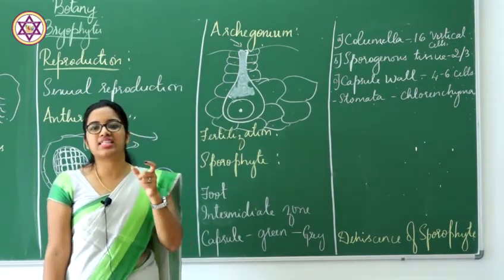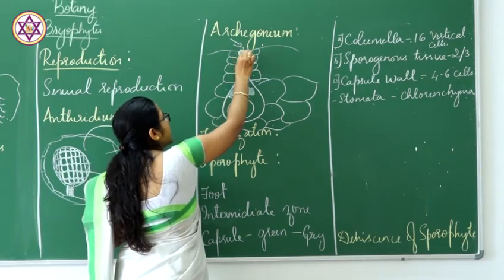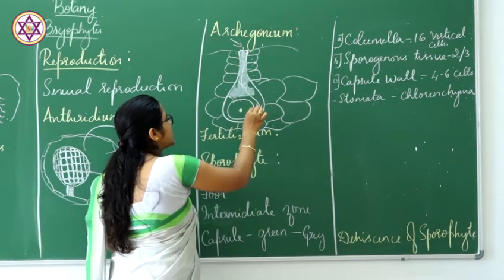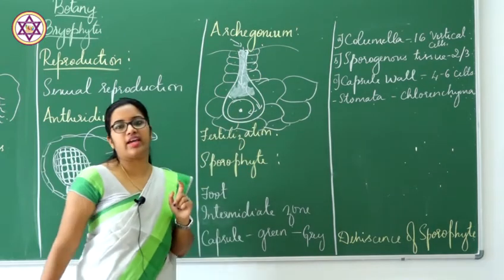When the chemical attracts the anthrozooids, they reach the neck, swim across the neck canal cells, come in and fuse with the egg.